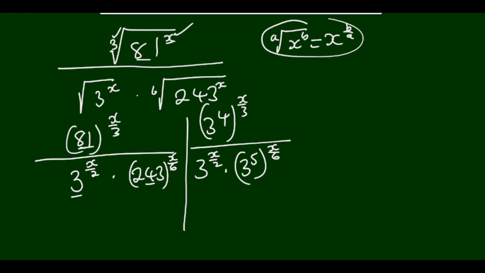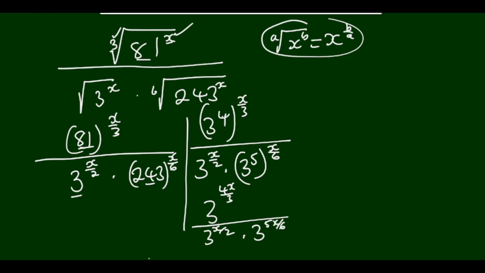Right, raising a power to a power, we multiply the exponents. So we're going to multiply these exponents here. So it becomes 3 to the power 4 times x over 3, that is 4x over 3, right, over 3 to the power x over 2, and then times 3 to the power 5 times x over 6, is like 5x over 6.